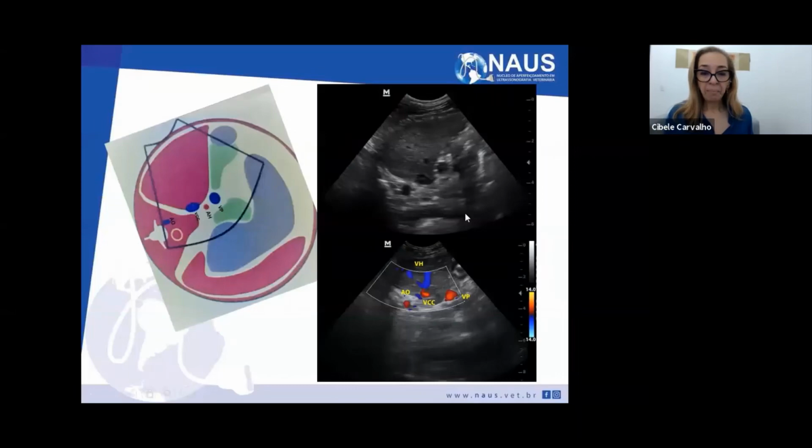If we color map with color Doppler, we see the portal vein, caudal vena cava, aorta, and also hepatic veins draining into the caudal vena cava. That is the normal architecture of the portal hilus.